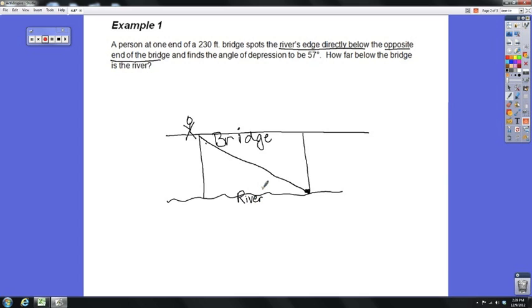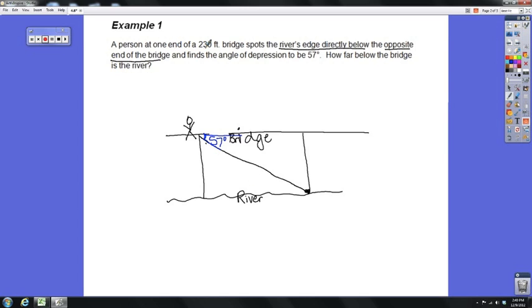So the angle of depression, we just discussed where angle of depression goes. Let's put that in the correct place. Our angle of depression is right here, and that is going to be 57 degrees. All right, what else do we have?